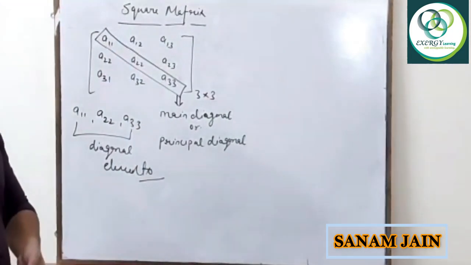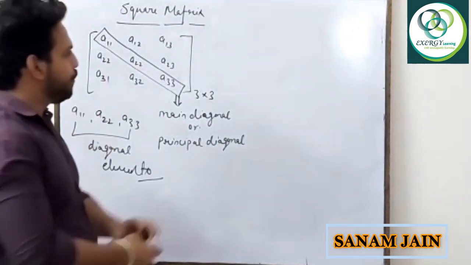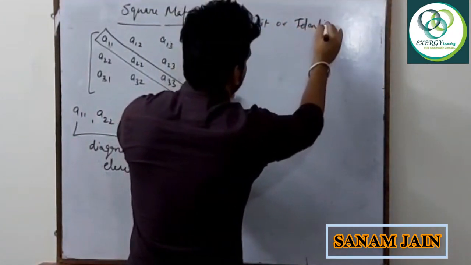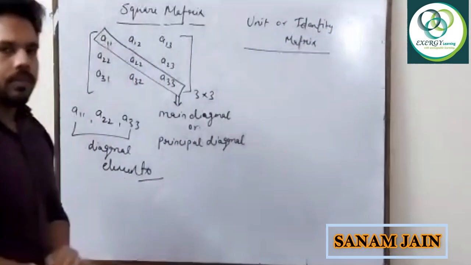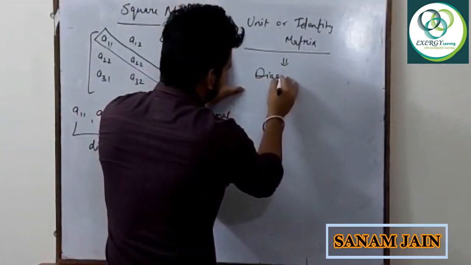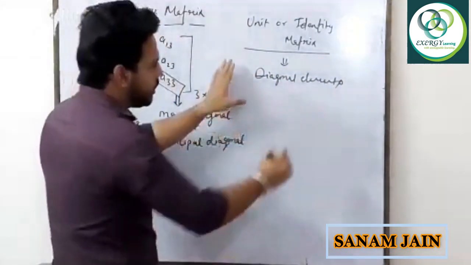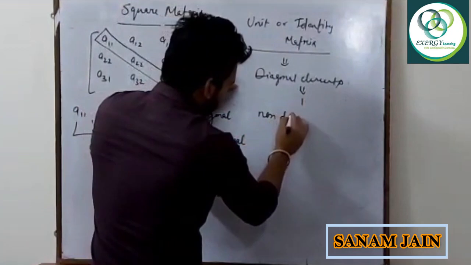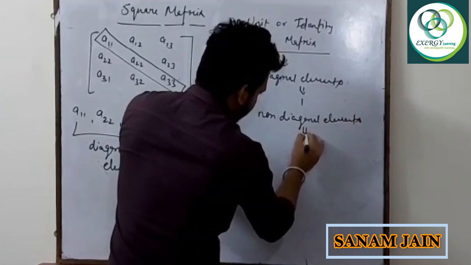Now we are talking about types of square matrix. The first type is the unit or identity matrix. What is a unit or identity matrix? In this matrix, all the diagonal elements should be 1 and the non-diagonal elements should be 0.